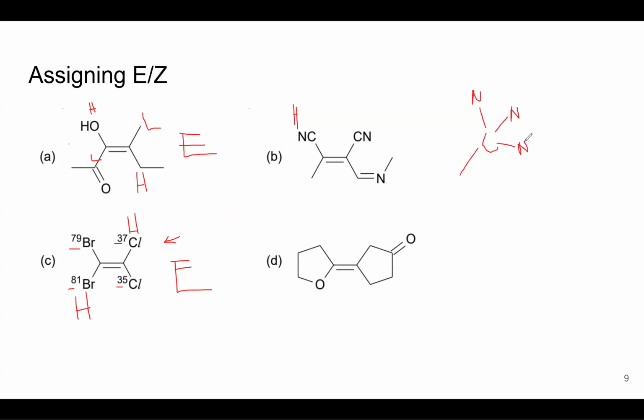Because it's a triple bond, you have three atoms, but two of them are ghost atoms. So they are not connected to anything else. They're connected to null things. However, this nitrogen is connected back to carbon.